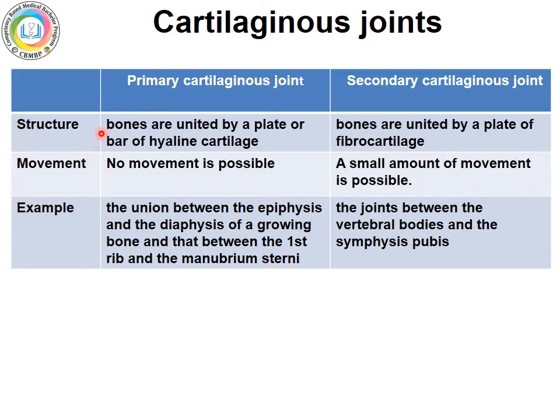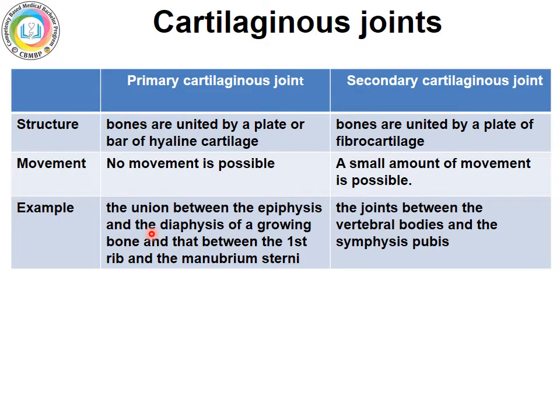About the structure, in primary cartilaginous joints, the bones are united by a plate or bar of hyaline cartilage. But in secondary cartilaginous joints, bones are united by a plate of fibrocartilage. About the movement, in primary cartilaginous joints, there is no movement. But in secondary cartilaginous joints, a small amount of movement is possible.